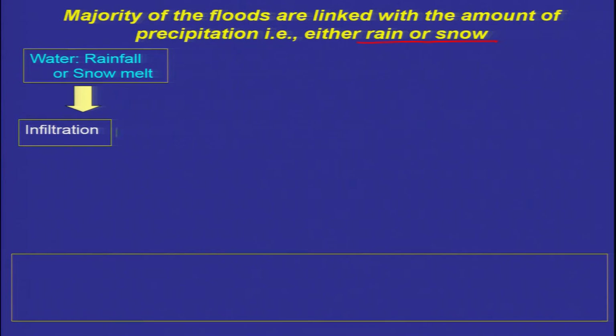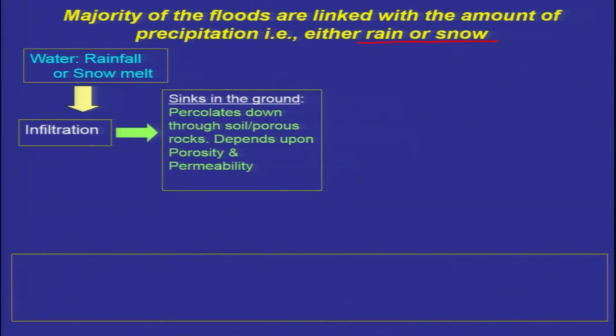Infiltration is extremely important. Then the water sinks in the ground, that is percolation down through the soil. If you are having porous soil, the infiltration will be faster, but if the soil is not much porous, then you will have more runoff.